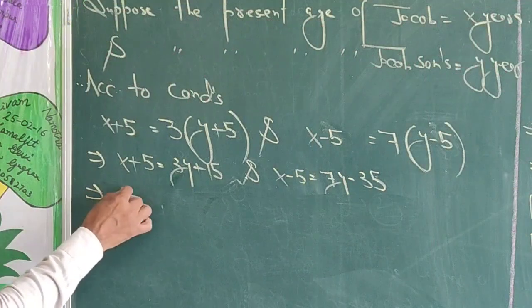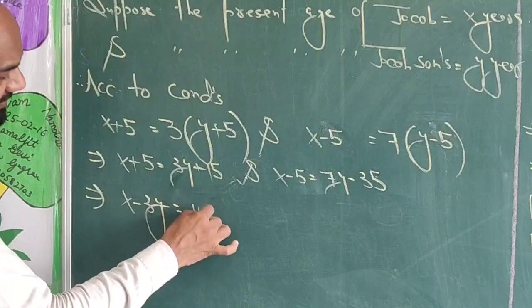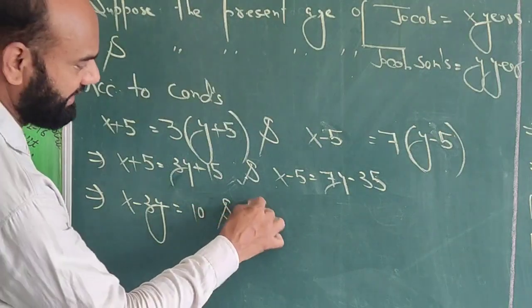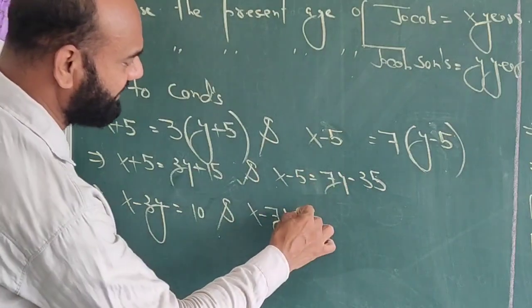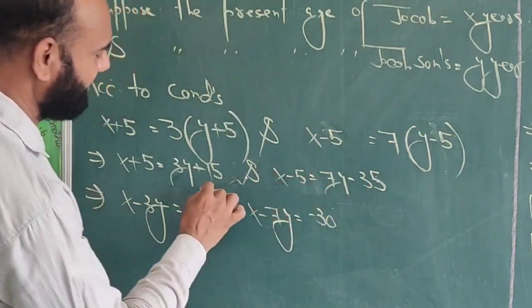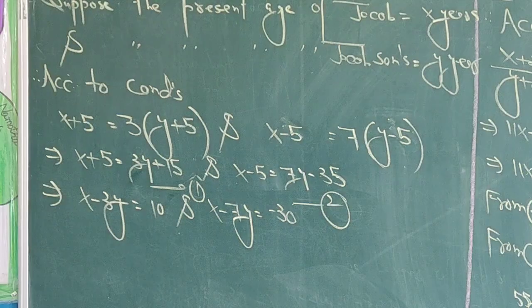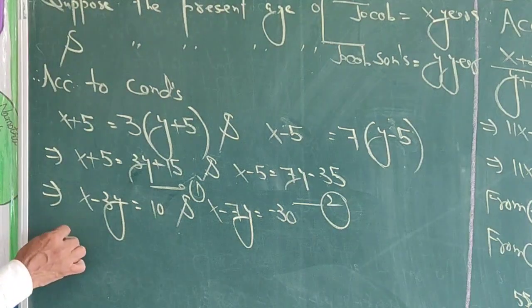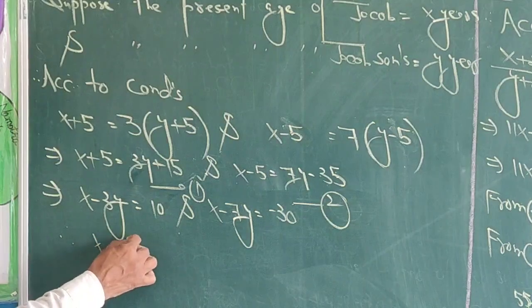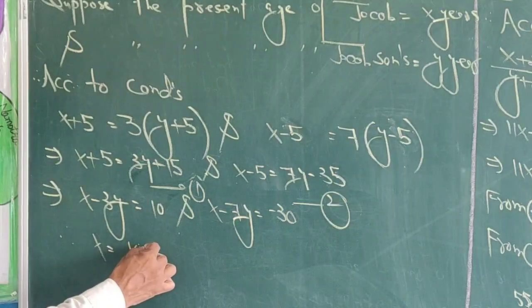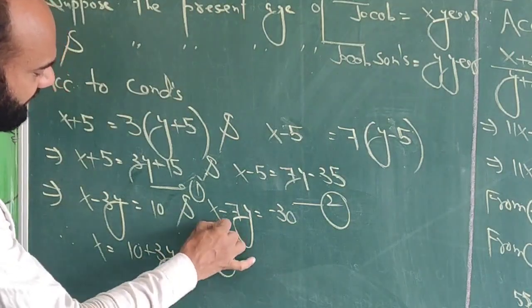This implies x minus 3y is equal to 15 minus 5, which is 10, and x minus 7y is equal to minus 35 plus 5, which is minus 30. This is equation number 1 and this is equation number 2. Using the substitution method, we get x from equation number 1. This is x equal to 10 plus 3y. This is said to be equation number 3.